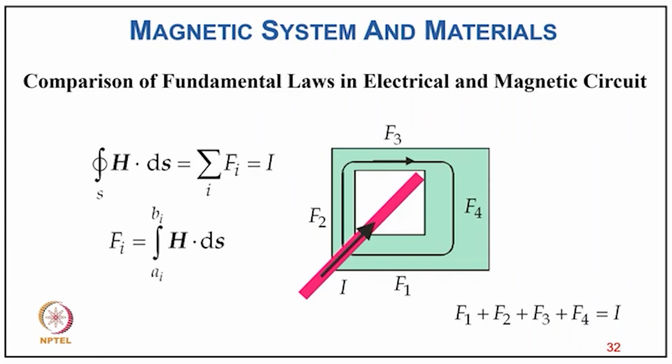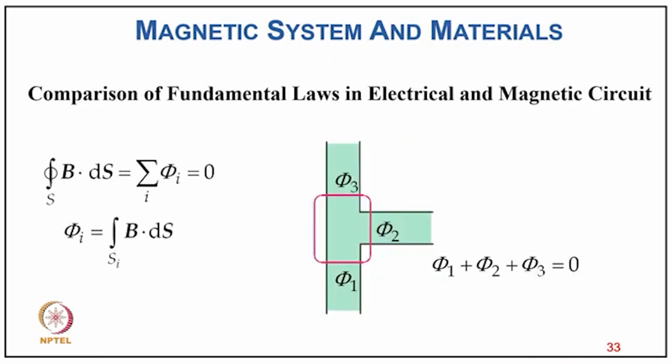You can say that you have a different MMF consumed for different parts of the magnetic circuit, F1, F2, F3, and the sum of F1, F2, F3, F4 is equivalent to the total excitation, because you have a single conductor flowing through this, which is responsible for the total excitation requirement. So the number of turns here is 1, and the MMF is simply equal to I, which is the sum of all MMF required for producing the field in this magnetic circuit.